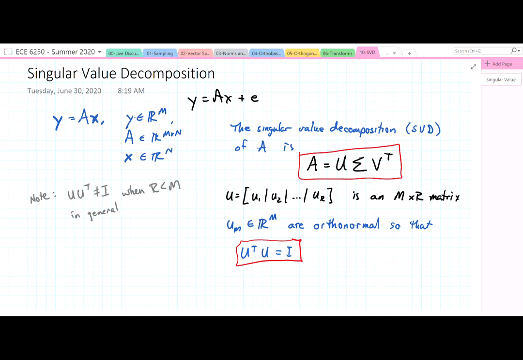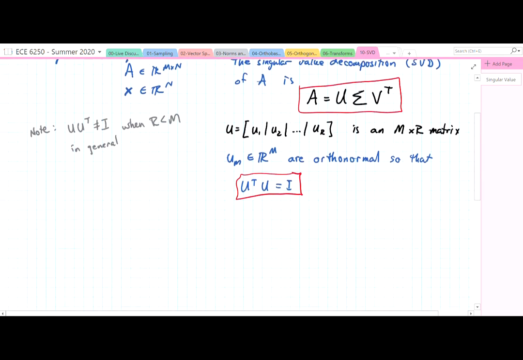If you had R entries of U, and you did U times U transpose, you could get R ones on the diagonal, but your resulting matrix would be M by M. So if M is larger than R, you would have a bunch of ones, and then you'd have zeros, and so it wouldn't work.